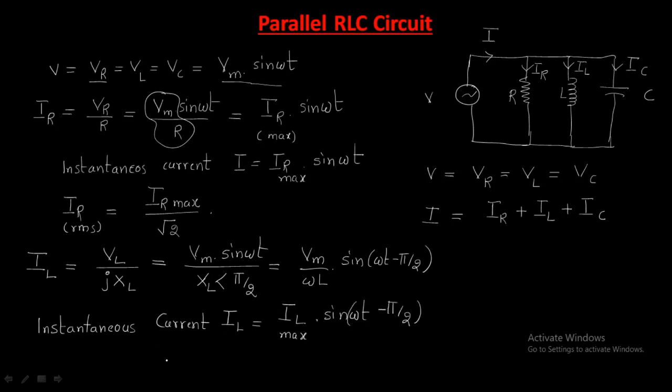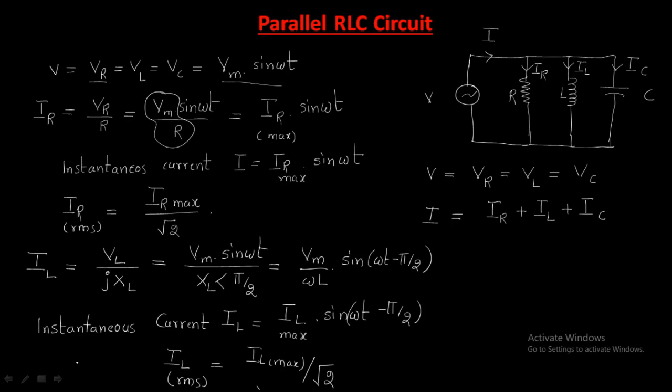So from this we can write the RMS value of the inductor current. The RMS value is IL max by root 2. So two currents are completed.